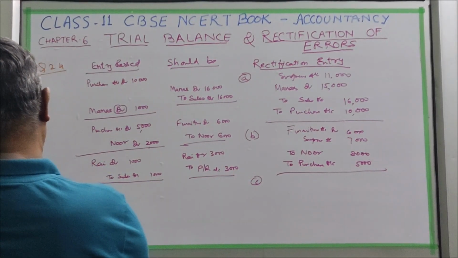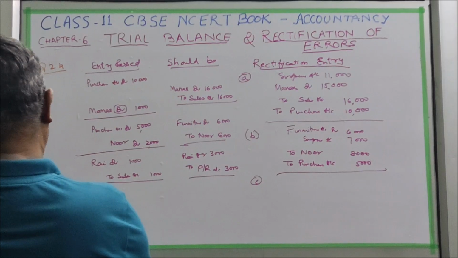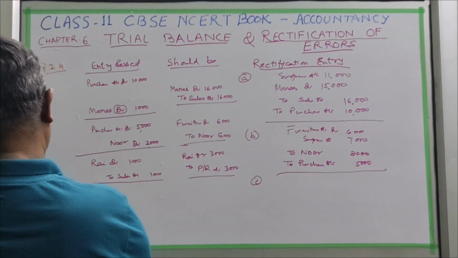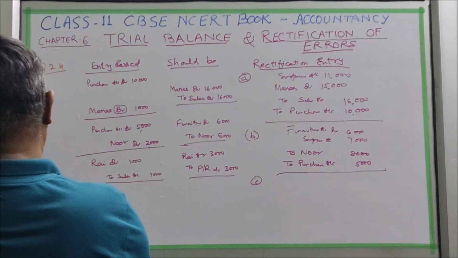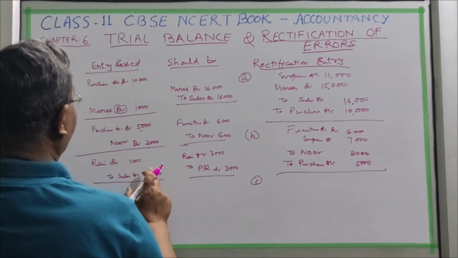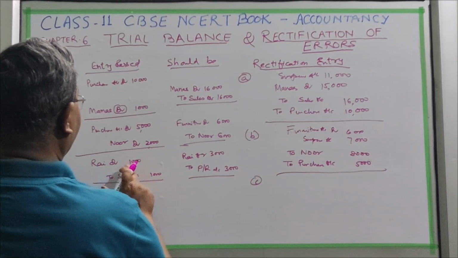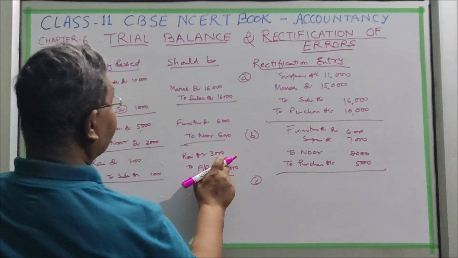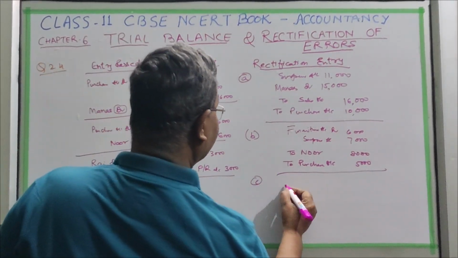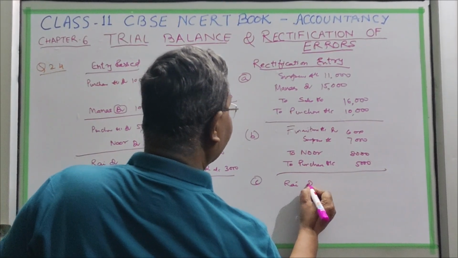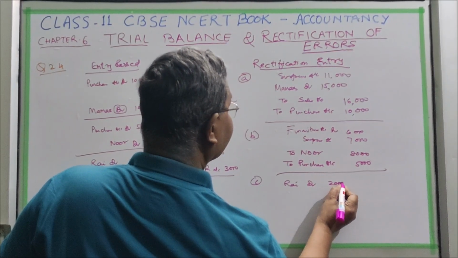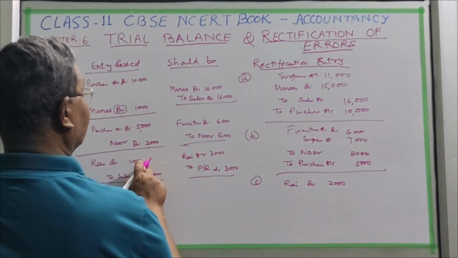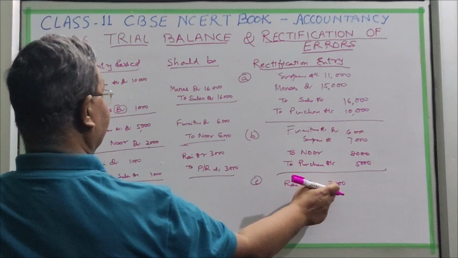Goods returned to Roy 3,000 recorded through sales book as this much. So how should the correction go? So this is the wrong entry. Roy debit actually should be by 3,000. So now you debit Roy 2,000 and it will be 3,000. 1,000 already done, so 2,000 will rectify it.